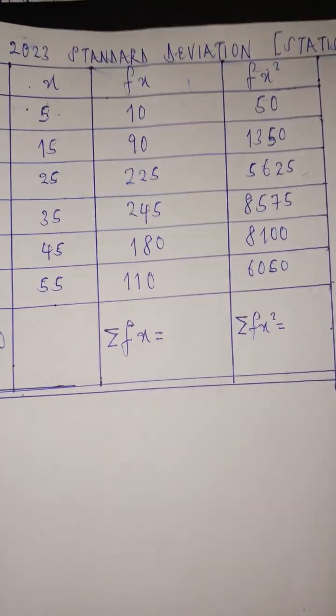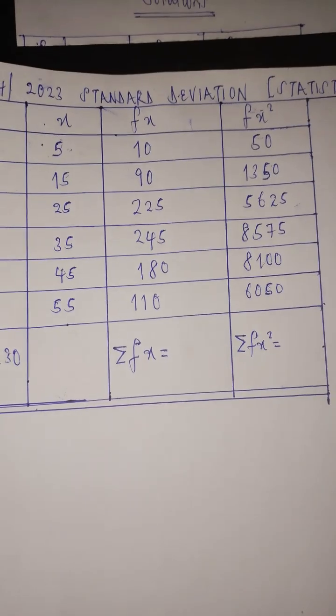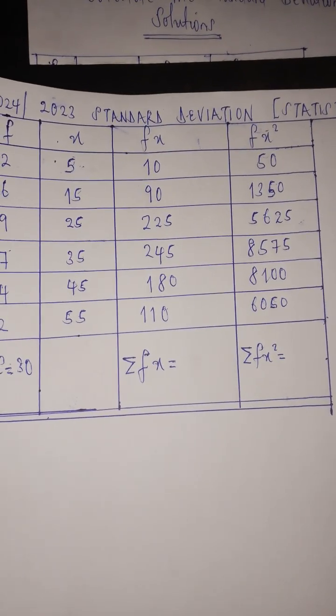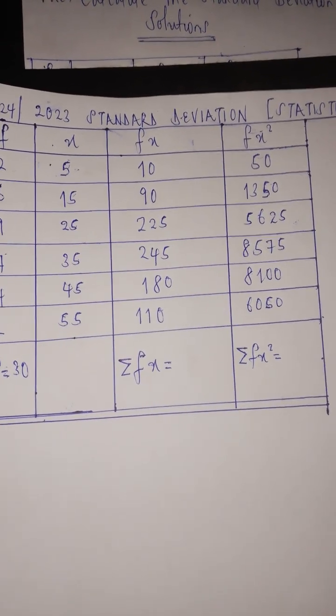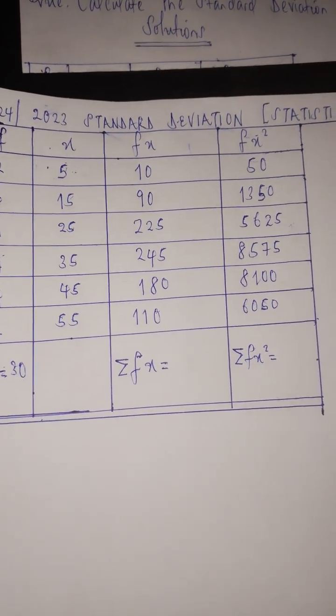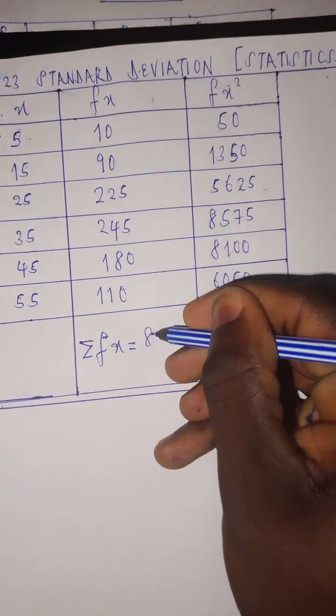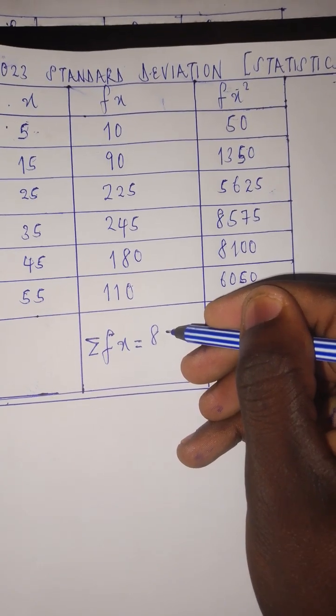Then summation of the frequency multiplied by midpoint, that is 10 plus 90 plus 225 plus 245 plus 180 plus 110, and that is giving 860.